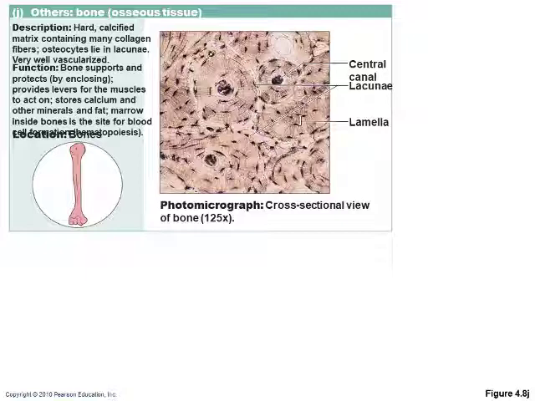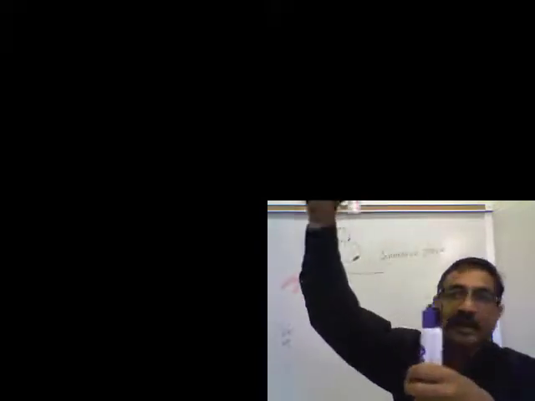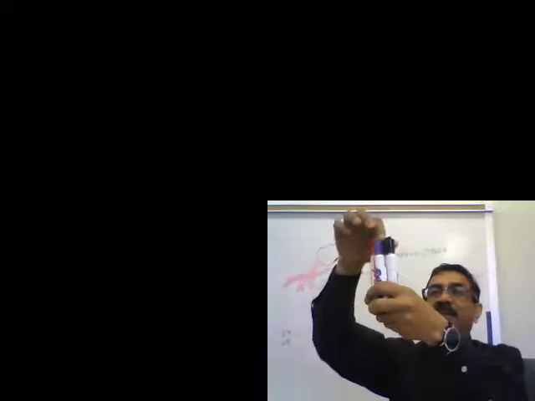If you see the structure of the bone, compact bone, it is like this. It is formed by many columns. Many columns are bundled together to form the compact bone. Make sense? So each column is called an osteon. So that is the structural unit of the bone. So this is one osteon, this is another osteon. So many osteons are bundled together to form the compact bone. Make sense?